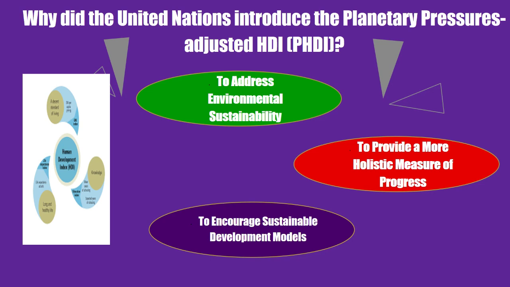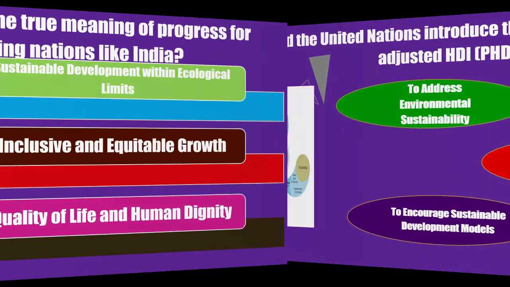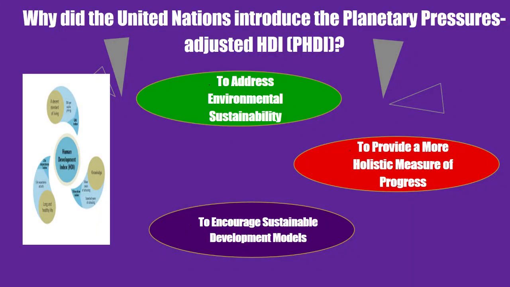Norway ranks high in HDI, but its PHDI score is reduced because of its high per capita ecological impact. It encourages a sustainable development model and highlights the need for nations to pursue progress within planetary boundaries, like Costa Rica, which focuses on renewable energy and forest conservation and maintains a more balanced PHDI.